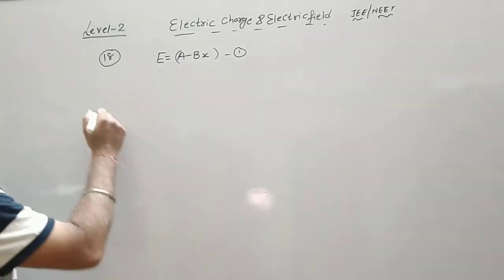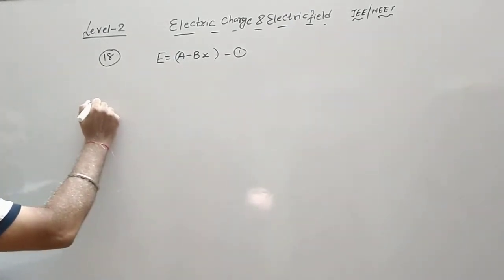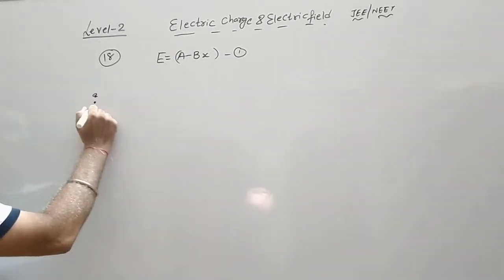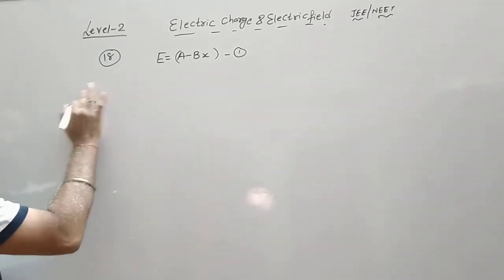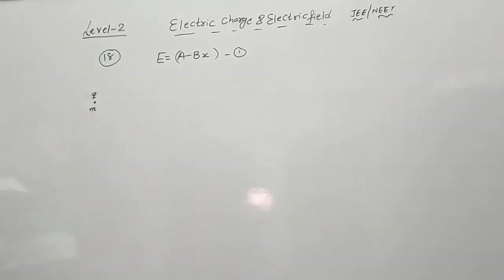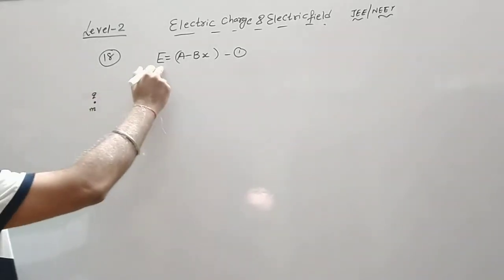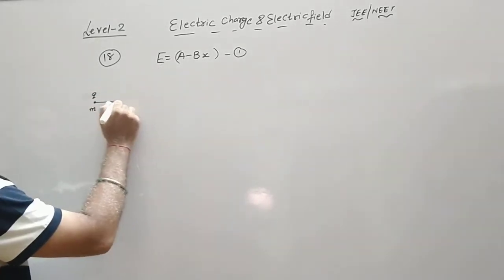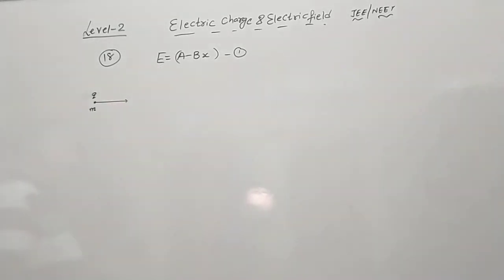So it is like this: a particle having charge Q and mass M is initially at rest, and due to this field it starts moving rectilinearly.